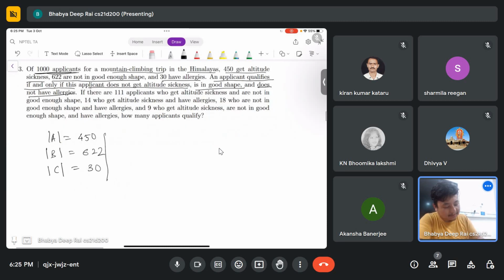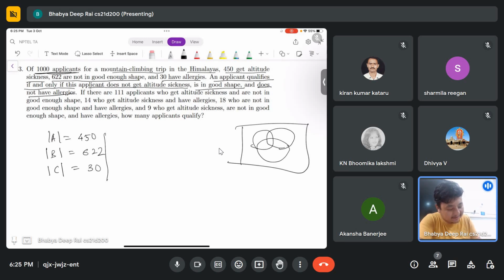So if this is altitude sickness, this is not in good shape, and this is allergies, then the people outside are the people we want, those who qualify. The remaining are just extrapolation.